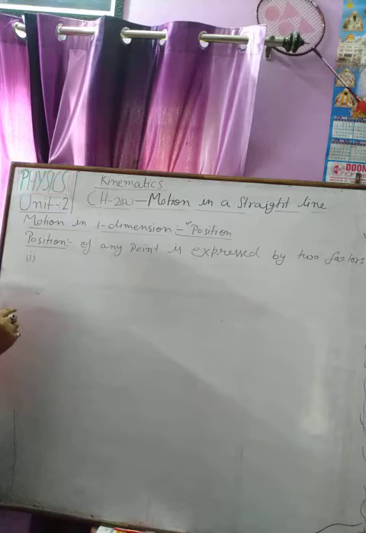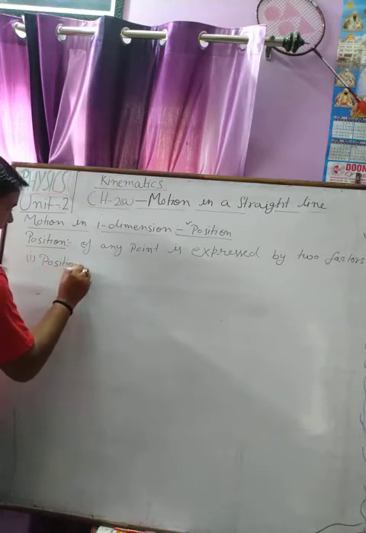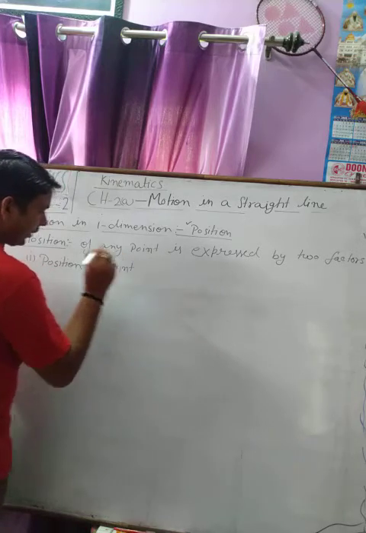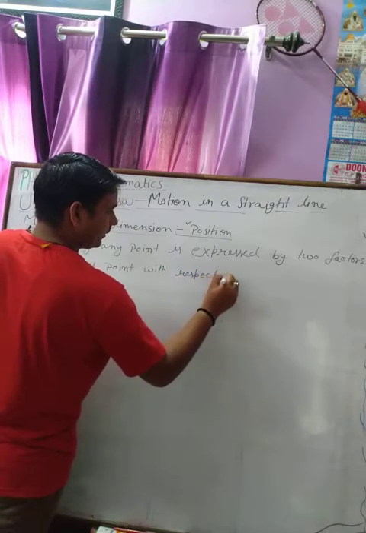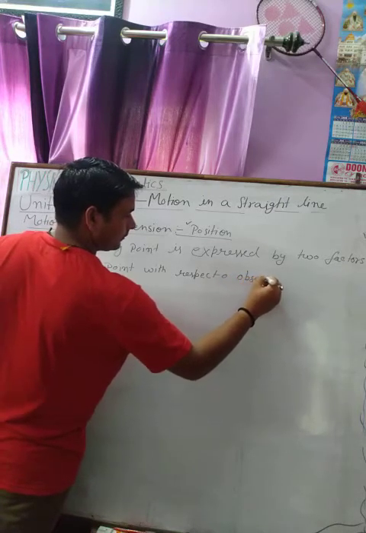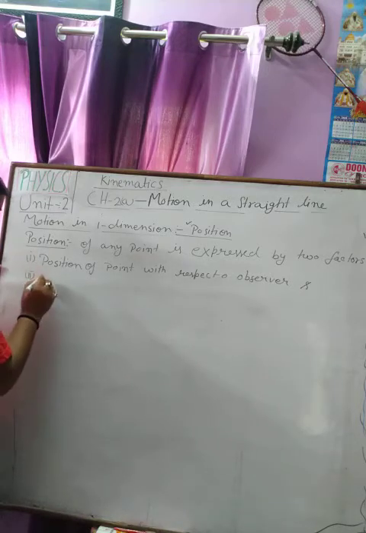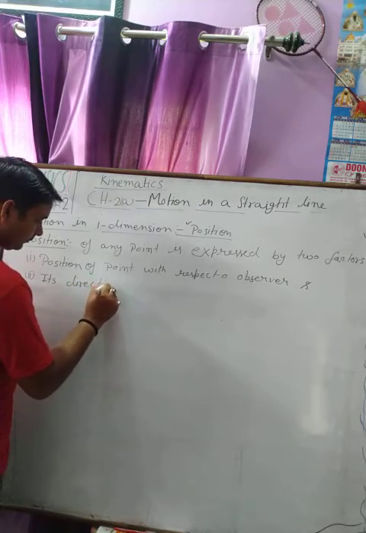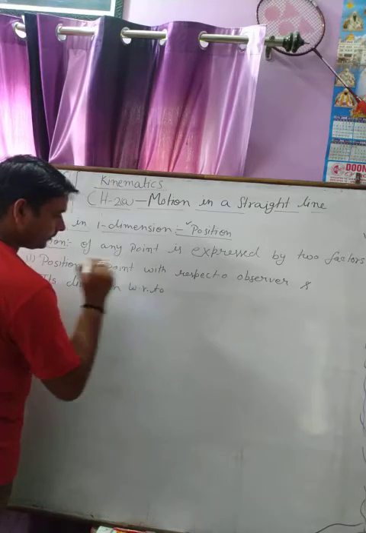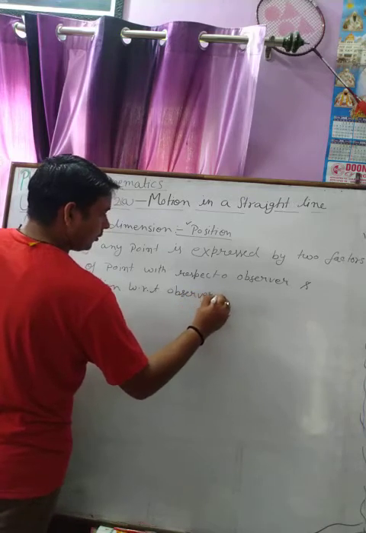First is the position of the point with respect to the observer, and second is its direction with respect to the observer.